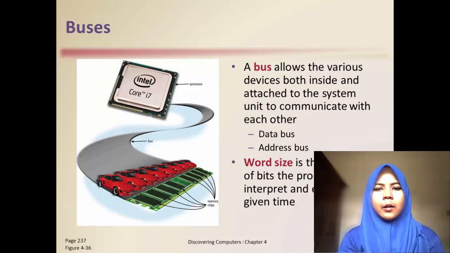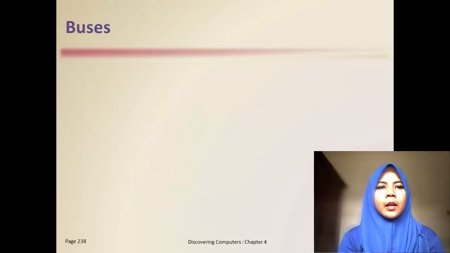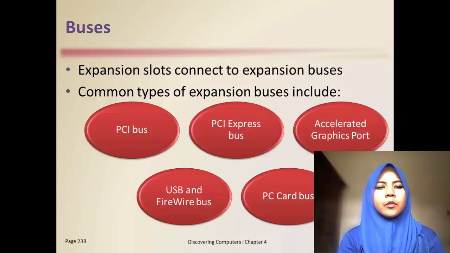Buses. A bus allows the various devices both inside and attached to the system unit to communicate with each other. There are data buses and address buses. Bus width is the number of bits the processor can interpret and execute at a given time. The expansion slot connects to expansion buses.